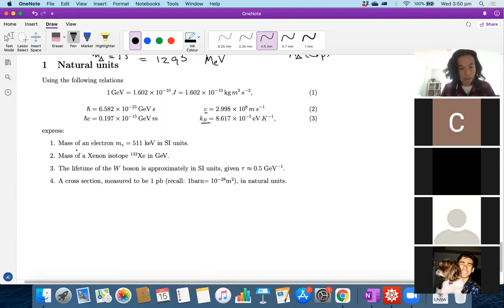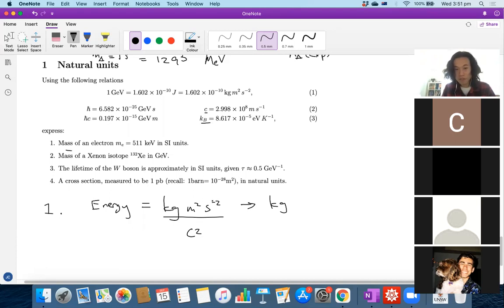So the first one, the mass of an electron. As I said before, mass in natural units is in energy, which is kilogram meter squared per second squared. If we want to turn this into just kilograms in SI units, we have to add in 2 powers of the speed of light, c squared, for the meters squared per second squared to cancel out.